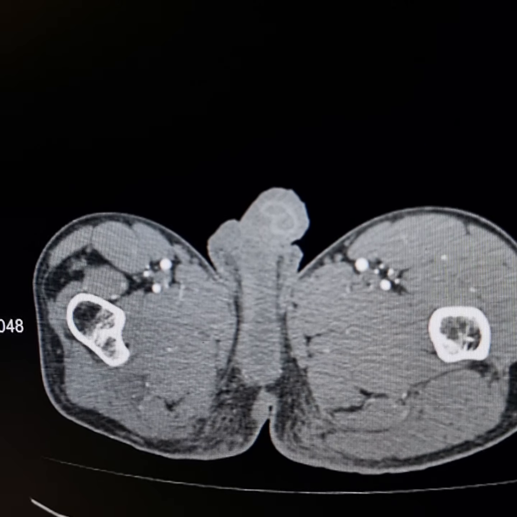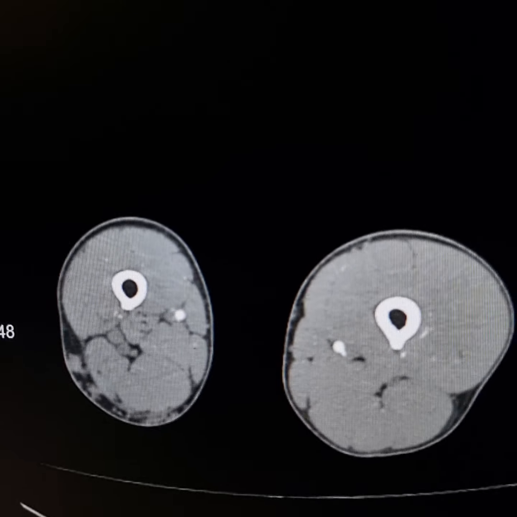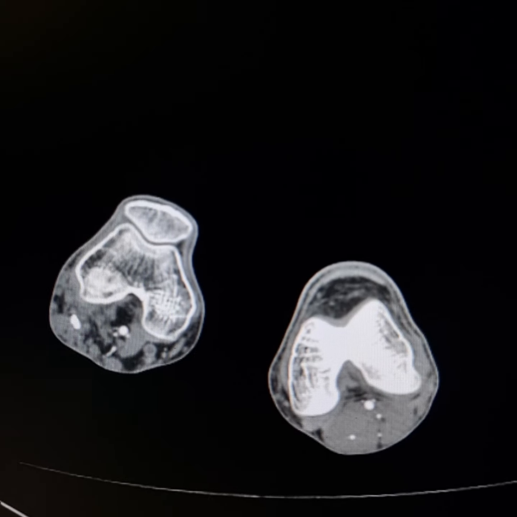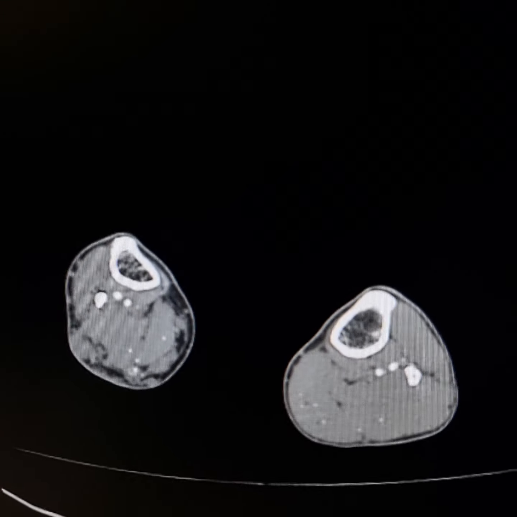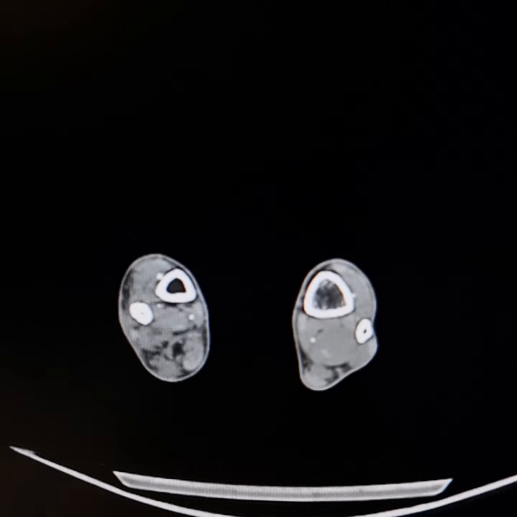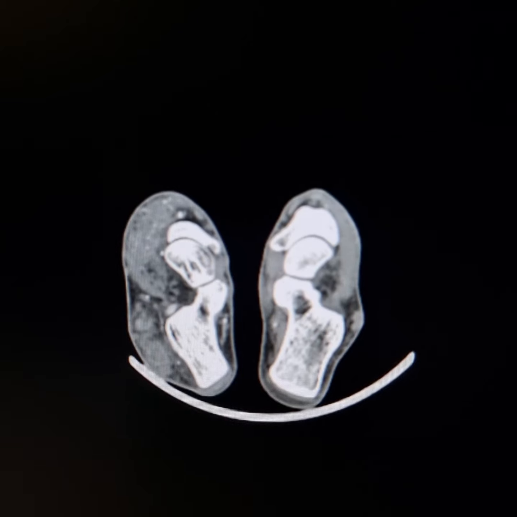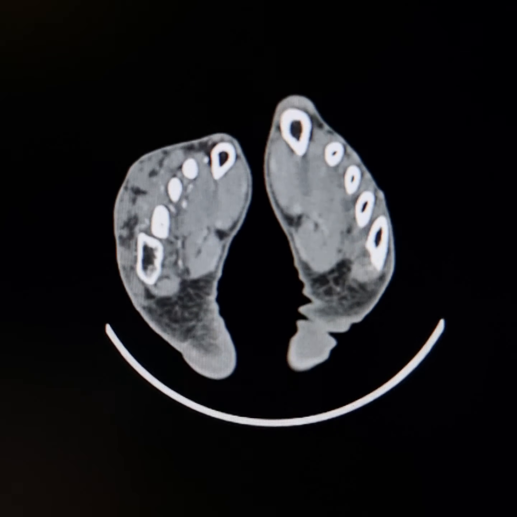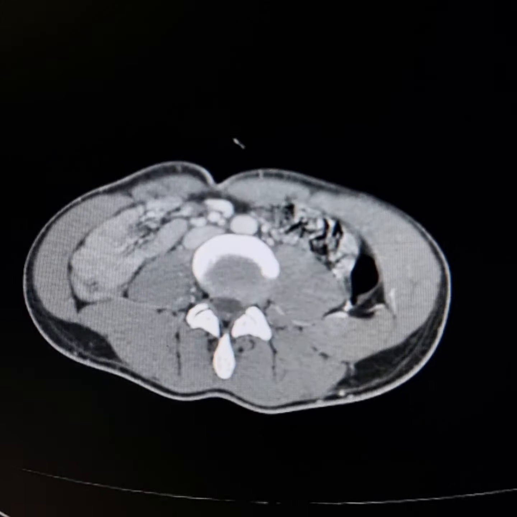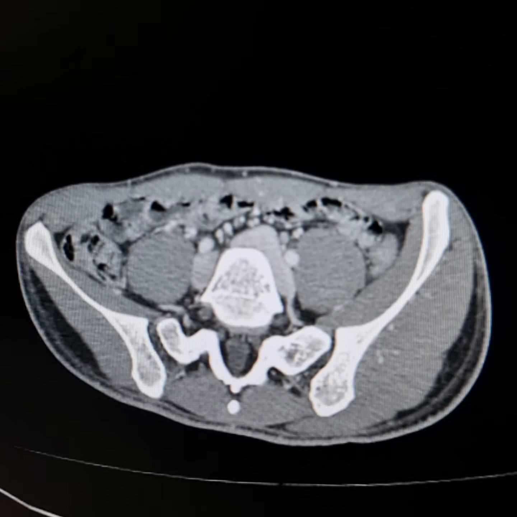I go up again. I scroll it down. Now I will show you its venous phase.